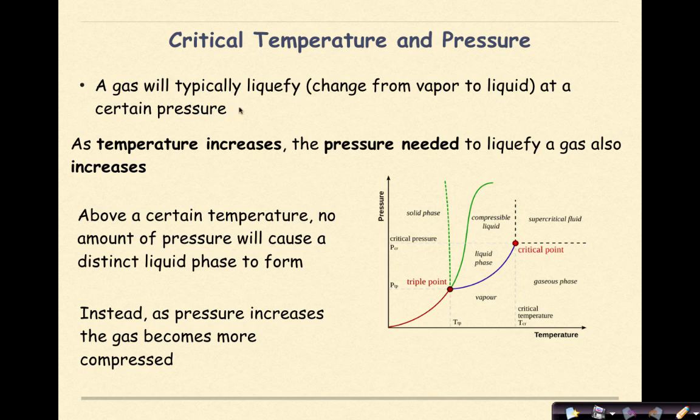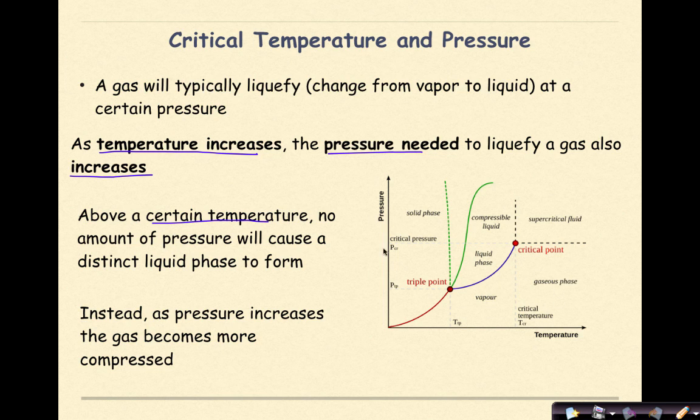A gas will typically liquefy, or change from vapor to liquid, at a certain pressure. As temperature increases, the pressure needed to liquefy a gas also increases. Above a certain temperature, no amount of pressure will cause a distinct liquid phase to form. So if I look at this diagram right here, if I go along an increase in temperature and go up to look at what phases are involved, this down here is all the gas phase.